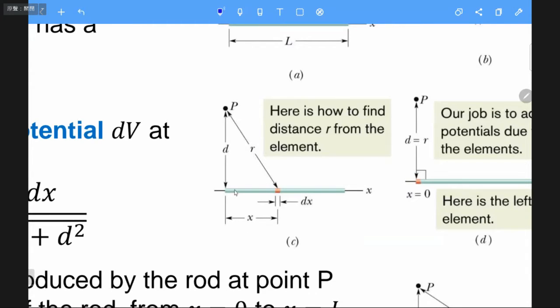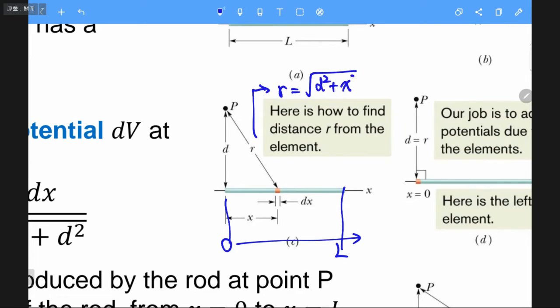For every small packet, we consider the x-axis here, from 0 to L, so we will integrate dx from 0 to L. The distance from this packet to point P is r, and according to the Pythagorean theorem, r is the square root of d squared plus x squared.